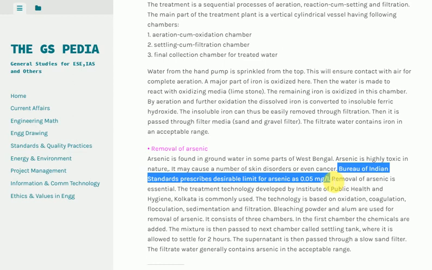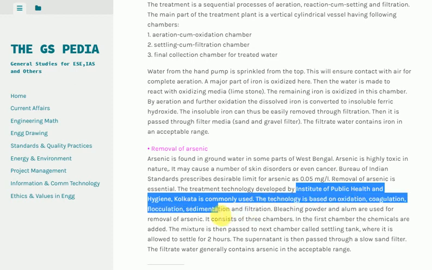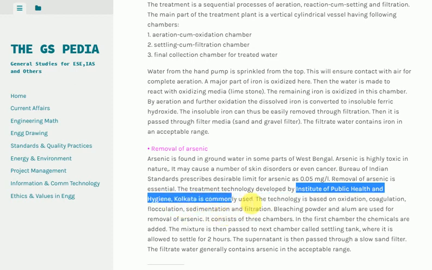The treatment technology developed by Institute of Public Health and Hygiene, Kolkata, is commonly used. The technology is based on oxidation, coagulation, flocculation, sedimentation and filtration. Bleaching powder and alum are used for removal of arsenic. It consists of 3 chambers.